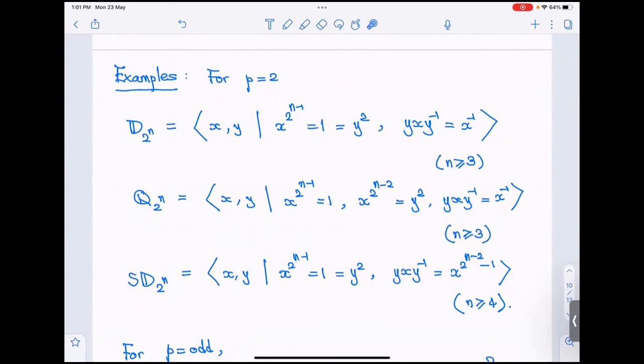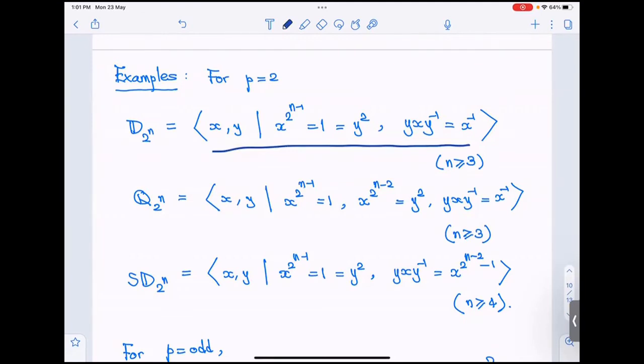The way to describe this is that these relations tell you that you are basically looking at a cyclic group generated by x and a cyclic group generated by y. And then this one explains that it is a semi-direct product of the cyclic group generated by one with respect to the other one. So the cyclic group generated by x becomes a normal subgroup, and this is a semi-direct product.